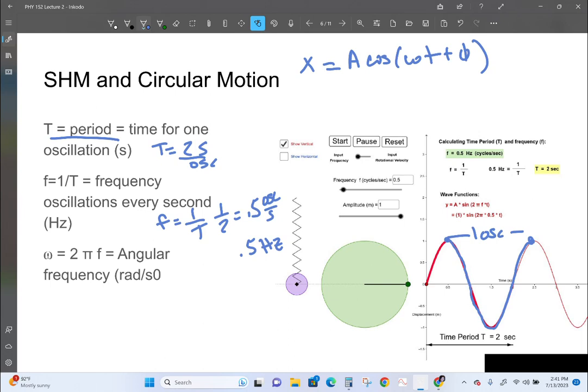So just remember that when you make one oscillation around a circle, one oscillation is equal to 2 pi radians.